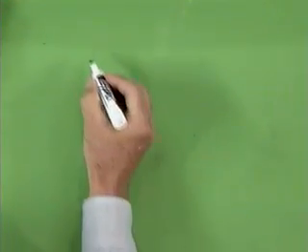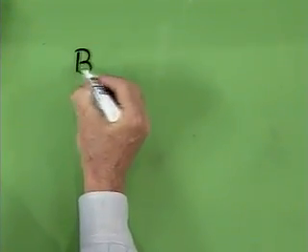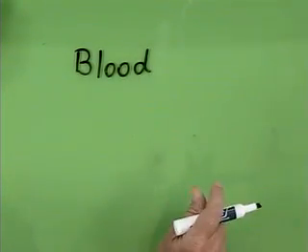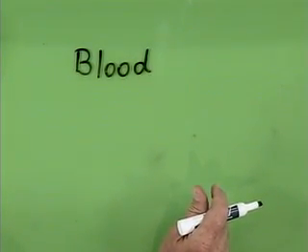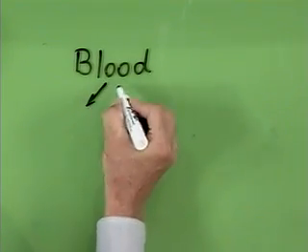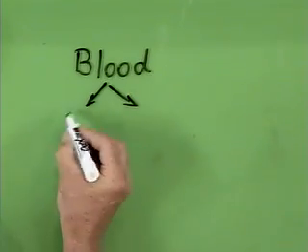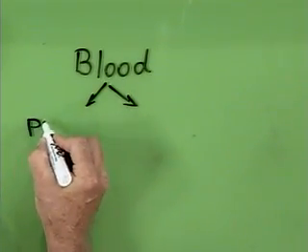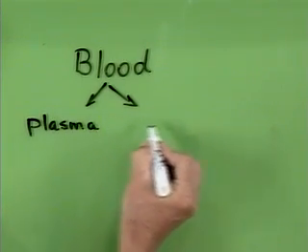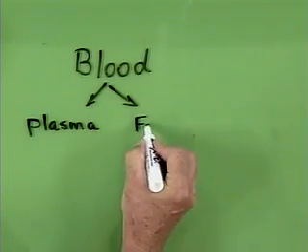All right, let's talk a bit about blood. And let's go to the overhead for a minute. Blood can be divided into what we call plasma and formed elements.